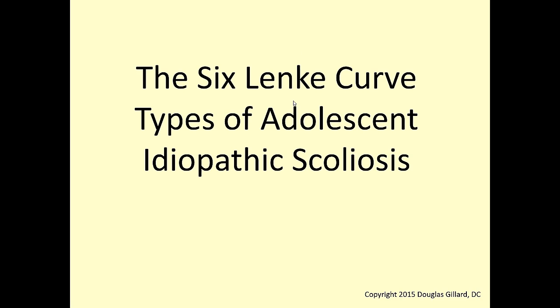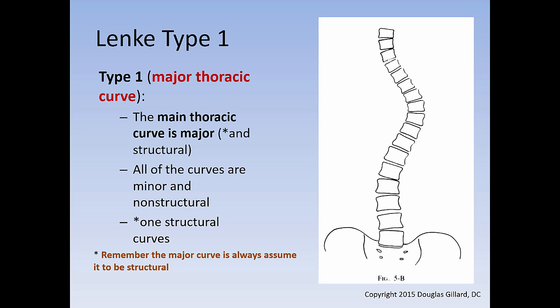Okay, let's get to it now. Here are the 6 types. So we have Lenke Type 1, also known as major thoracic curve. For testing purposes, just say Lenke 1. If you want to impress me, you can put major thoracic, but I want to say Lenke 1. Without knowing anything, we can eyeball this and say, that's a pretty good main thoracic curve, right?